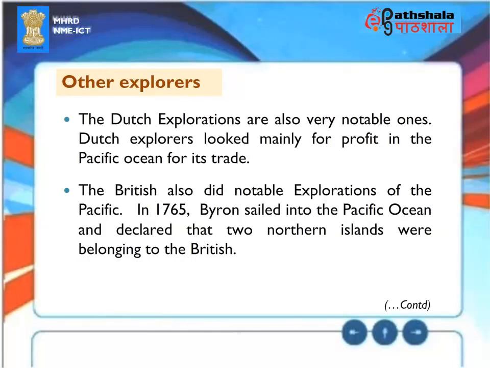Other explorers. The Dutch explorations are also very notable ones. Dutch explorers looked mainly for profit in the Pacific Ocean for its trade. The British also did notable explorations of the Pacific. In 1765, Byron sailed into the Pacific Ocean and declared that 2 northern islands belonged to the British.